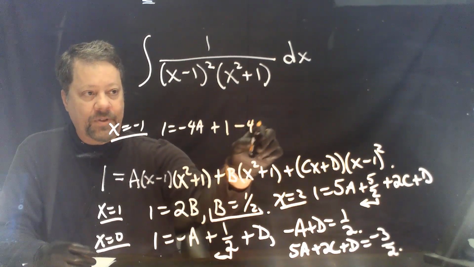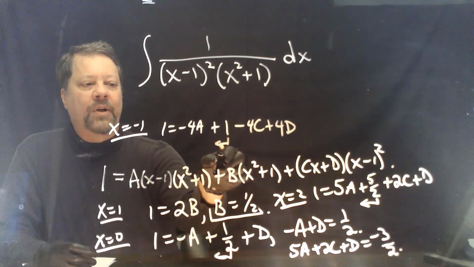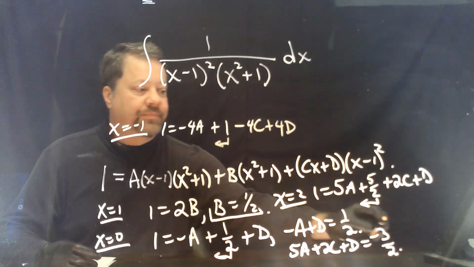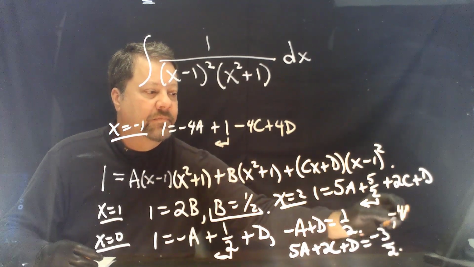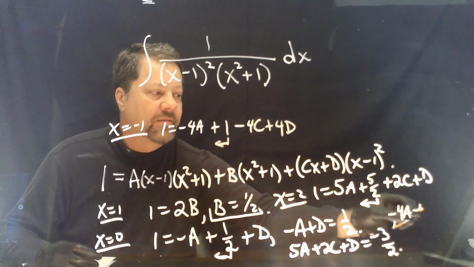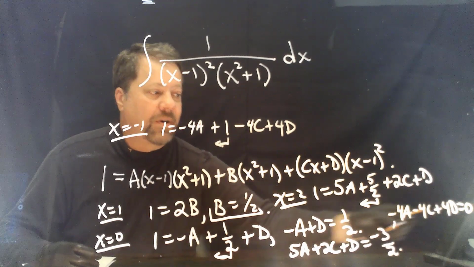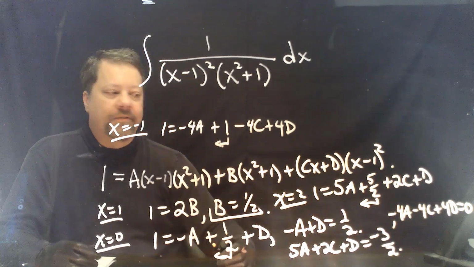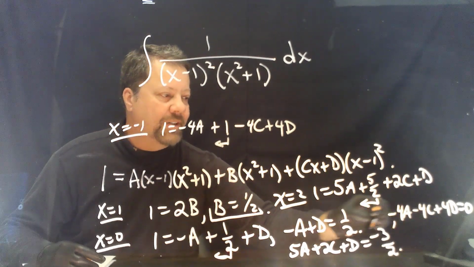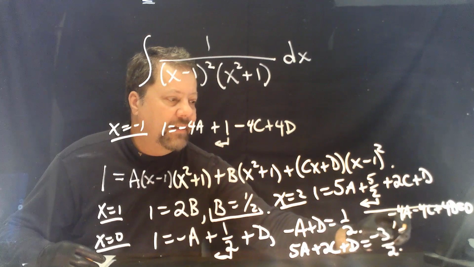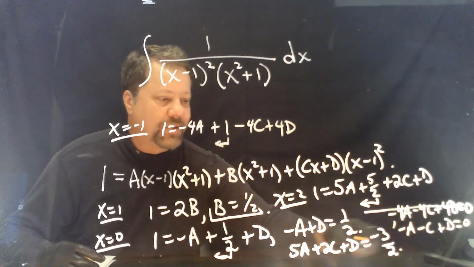That's negative 4c plus 4d. Moving the 1 over, you'll get the equation negative 4a minus 4c plus 4d equals 0. You may as well divide a 4 out in that case. So we can replace that equation by negative a minus c plus d equals 0.